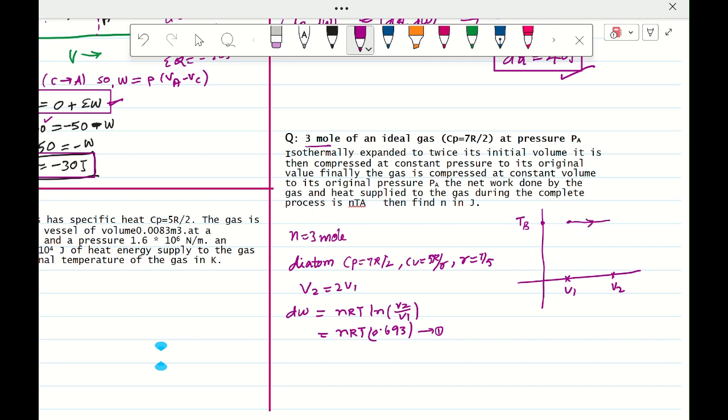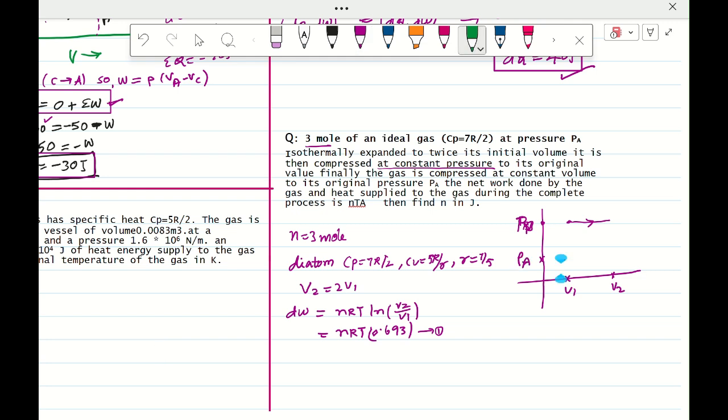Now it is compressed at constant pressure to its original value, so here I take PB and PA. So now the graph will be like this.